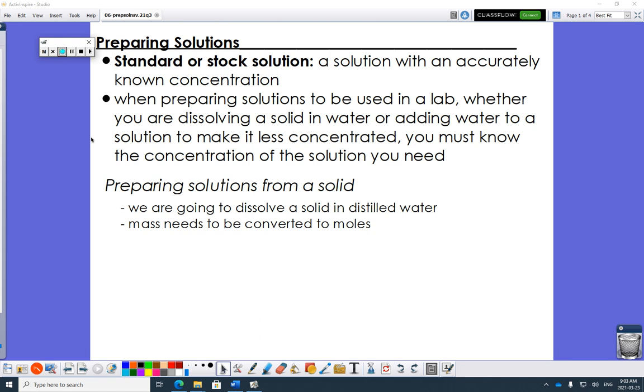So as always, mass needs to be converted into moles. So you can use whether you like the equation or the formula from before. So mass over molar mass gives you moles. So then mass is multiplying.